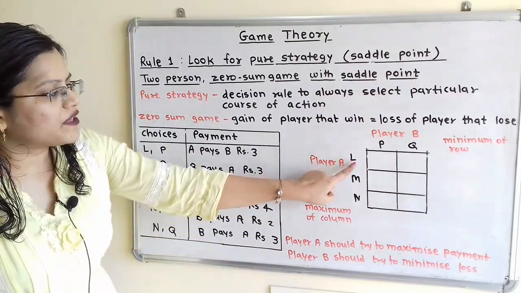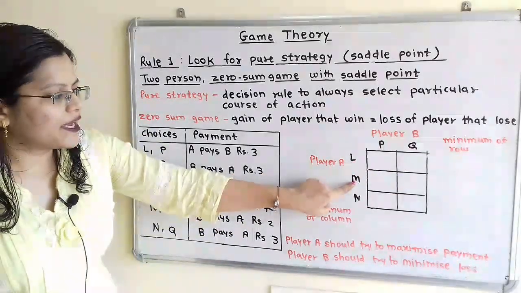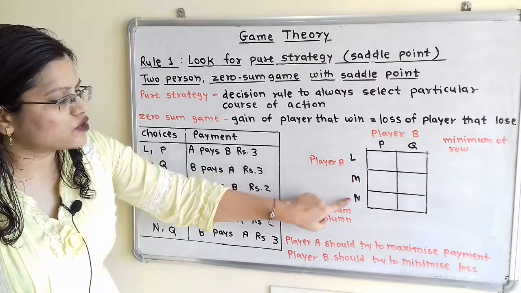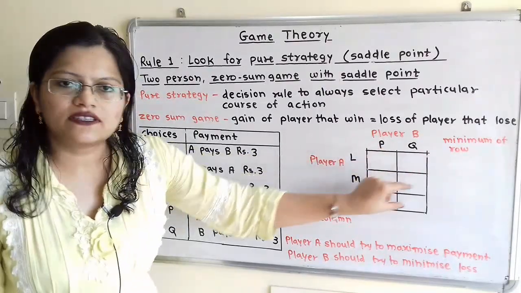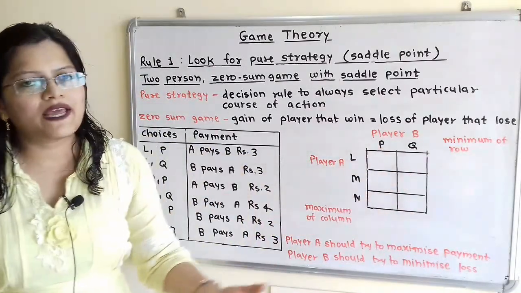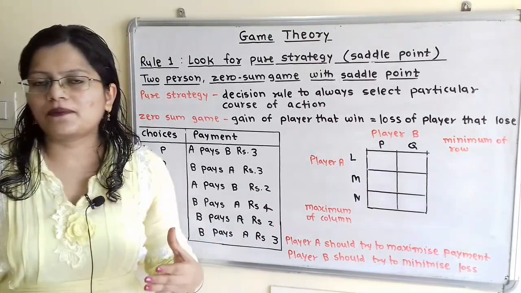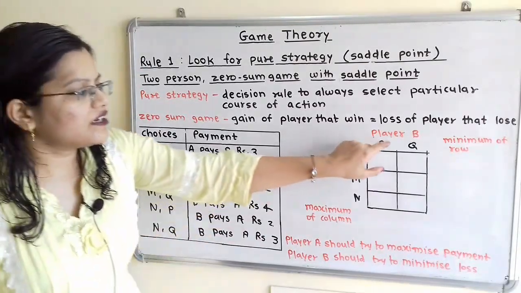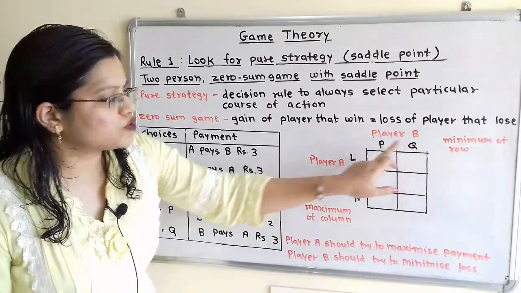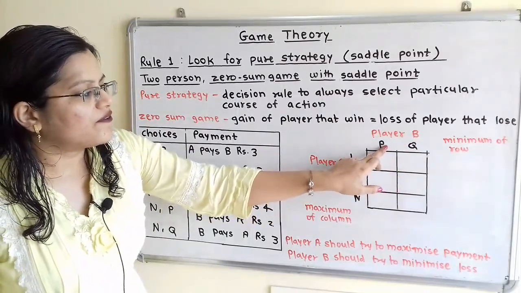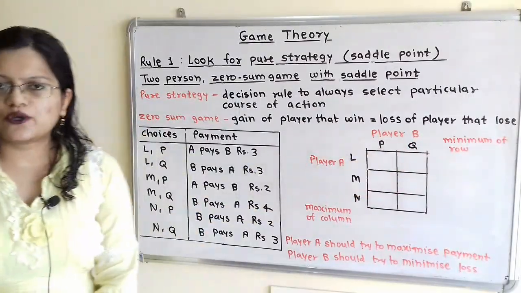So here will be the first choice L, M and N. So for these three choices, we will construct the three rows. And for player B, because this is the second player, we will construct the two columns for the two choices. That is the column for choices P as well as Q.